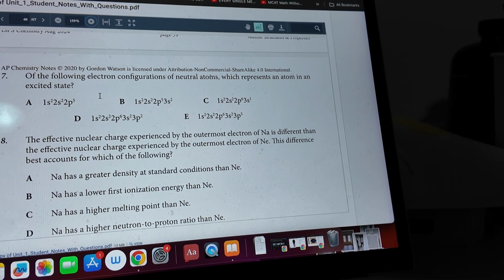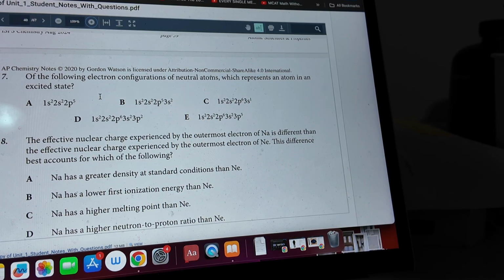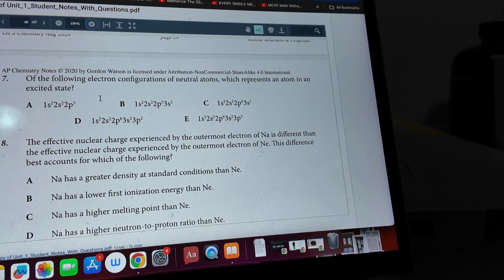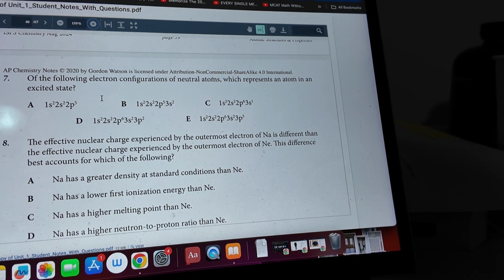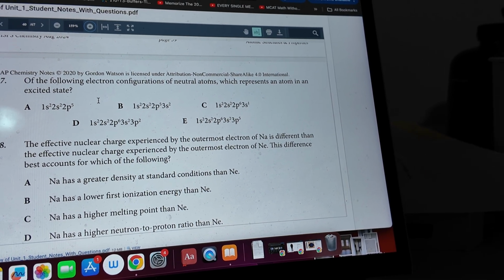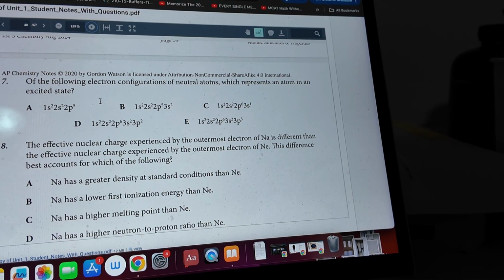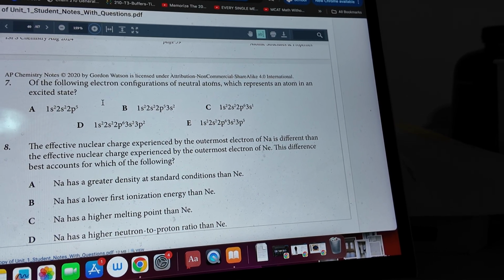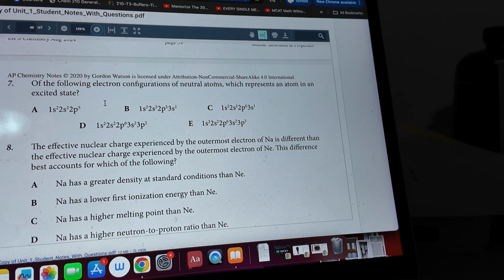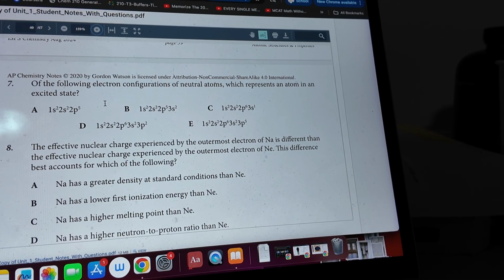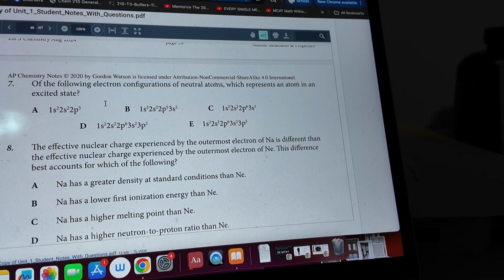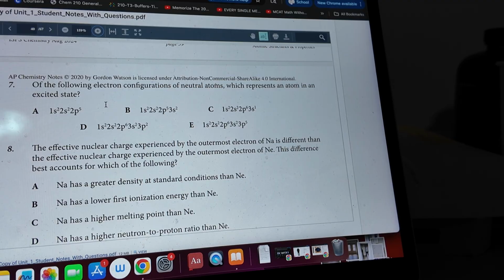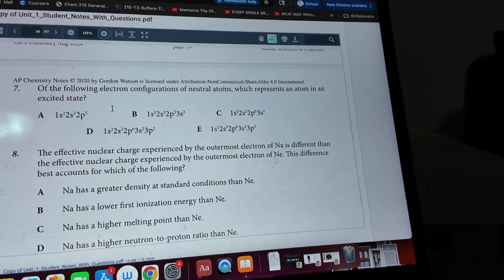So excited state just means the electron is in a higher energy level than it would normally be. But it still has the same number of electrons. So all you're really looking for in this problem is one that is not in its normal state and that it is in a higher state than it should be. That it hasn't completely filled all of them and it's in a higher state.